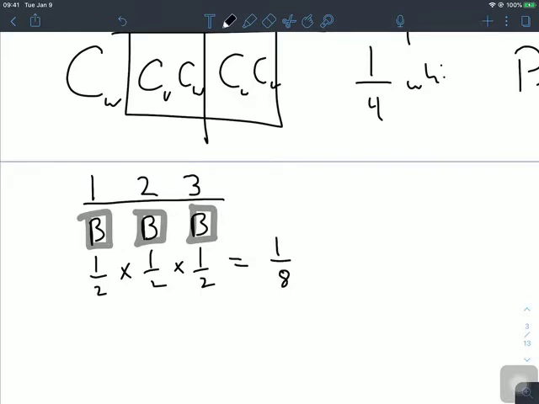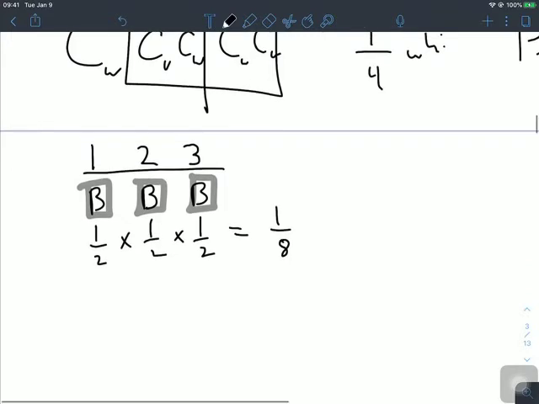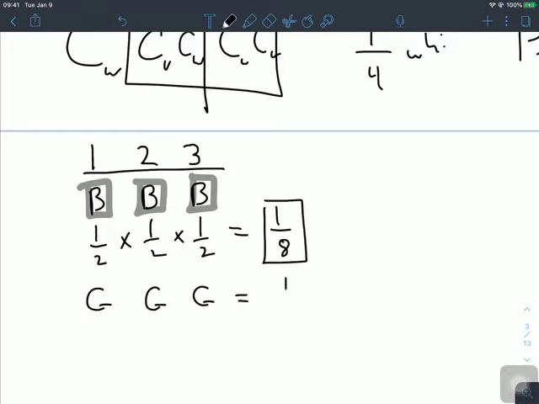Now, you could look at a slightly different question here. Instead of asking what's the likelihood of having 3 boys, you could ask what's the likelihood of having 3 children of the same gender. Well, you could get 3 boys, or you could get 3 girls. Notice the use of that "or" there. What is the likelihood of having 3 boys? Well, it's 1/8. What's the likelihood of having 3 girls?